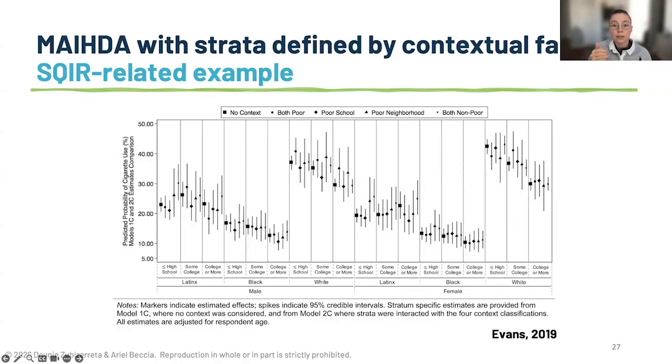So for example, importantly for those of us thinking about context and structure, we can assess whether attending a poor school, living in a poor neighborhood, both or neither are associated with greater inequities across social groups that are defined by gender, race, ethnicity, and parent education. So in more simple terms, we can identify how much those contexts matter for shaping the inequities that we observe across social groups, and that is inherently very valuable for SQIR.